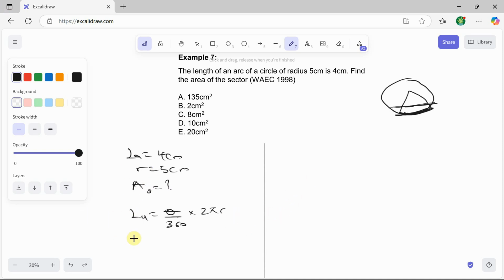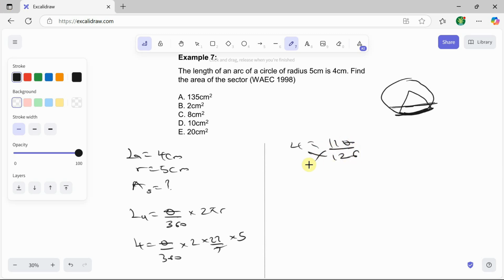So let's substitute. Length of arc is 4, so 4 is equal to theta over 360 times 2 times 22 over 7 times 5. So this will be 4 is equal to 2 times 22 times 5 divided by 360 divided by 7. This gave me 11 theta all over 126.